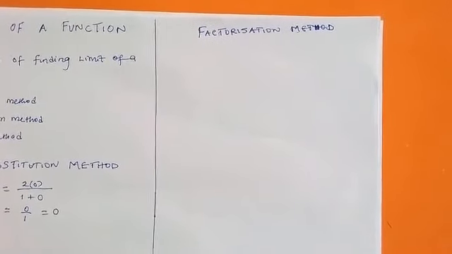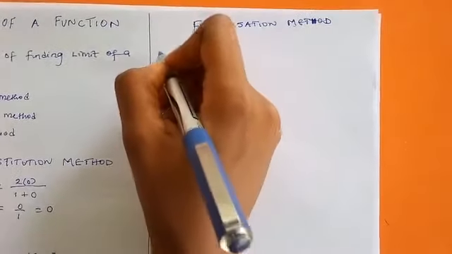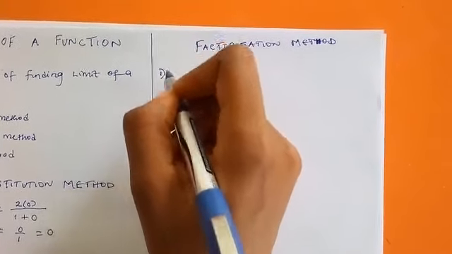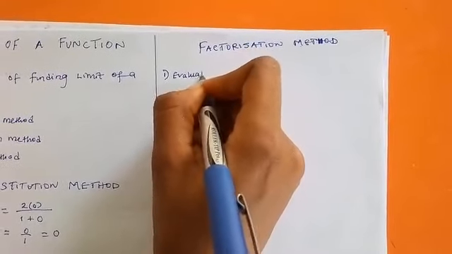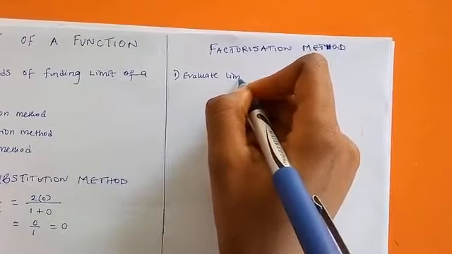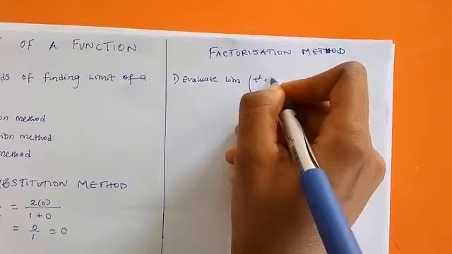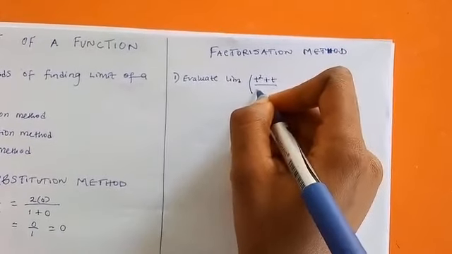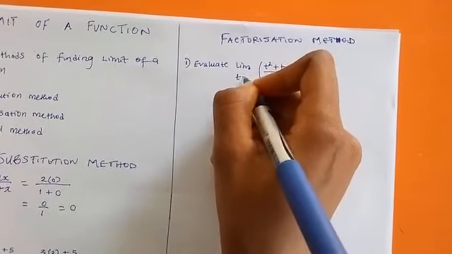So we'll be solving some examples using the factorization method. Let's say we are given a question like this. Evaluate the limit of t squared plus t over t squared minus t as t tends to 0.